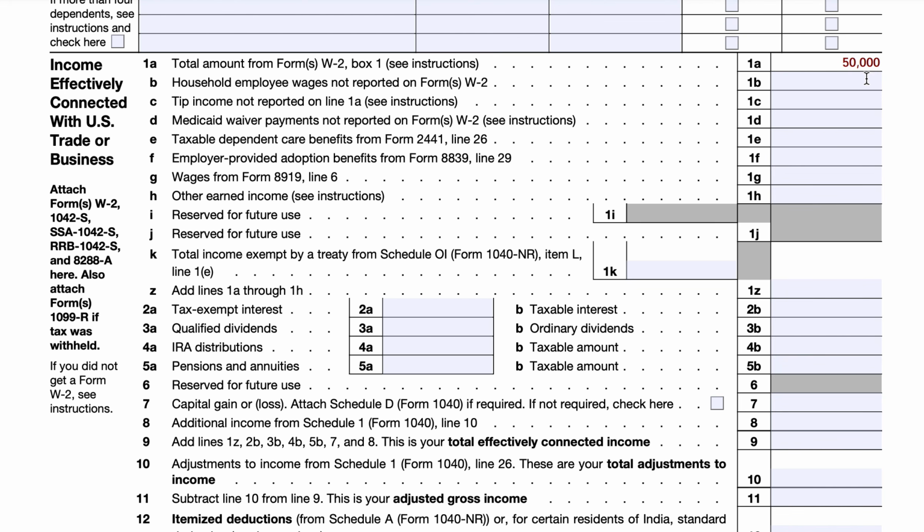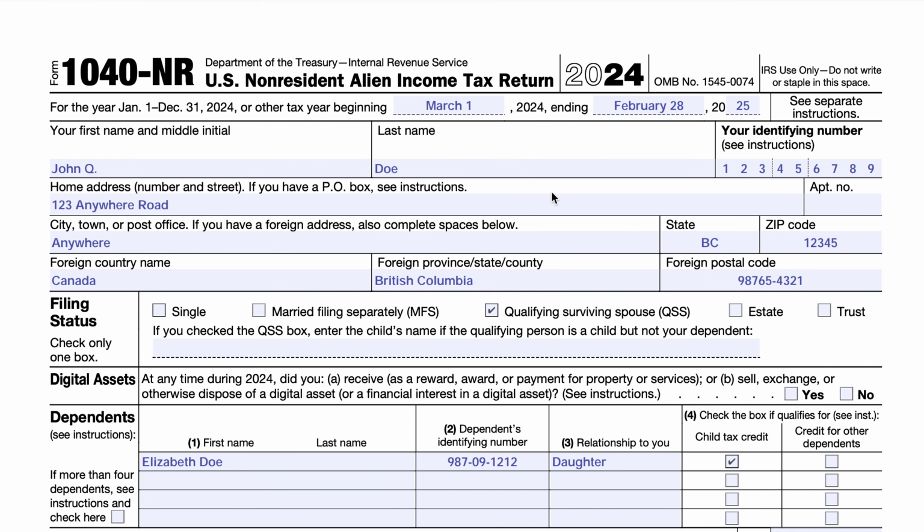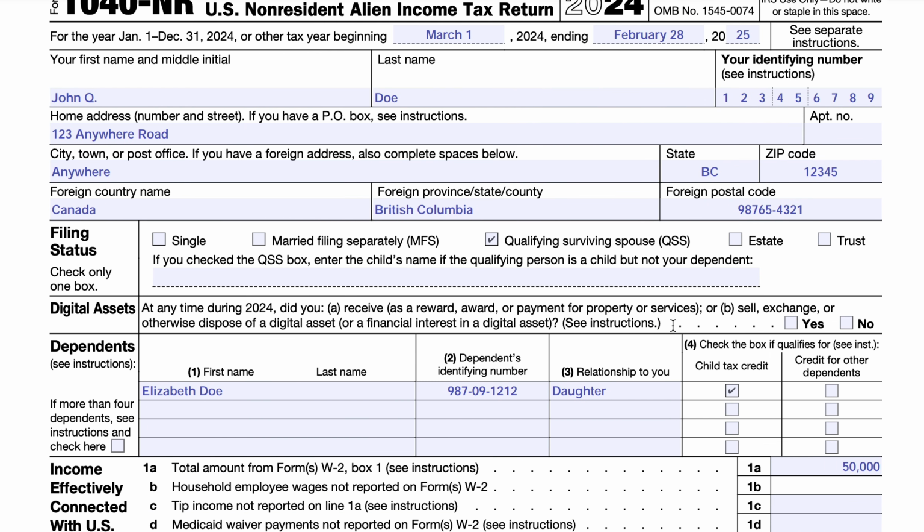Line 1B, household employee wages that are not reported on a Form W-2. So generally speaking, a household employer would be someone that hires a cleaning person to clean their house. So let's imagine that John Doe, I know in a previous example we listed him as qualified surviving spouse.